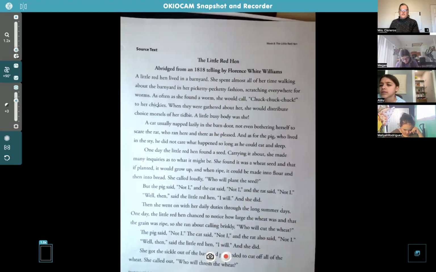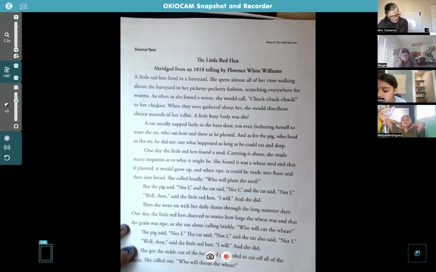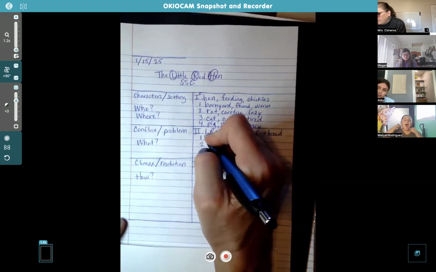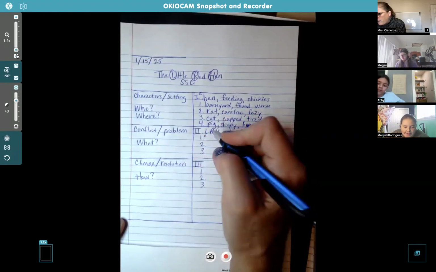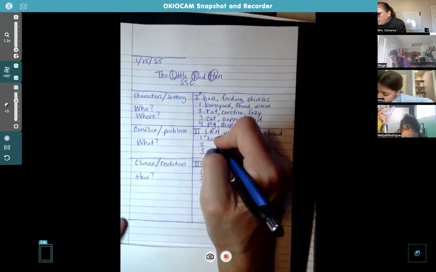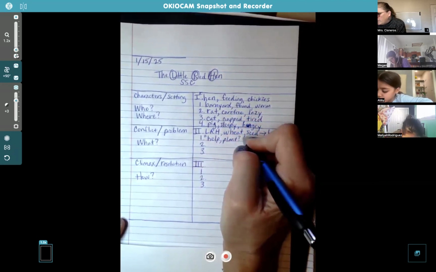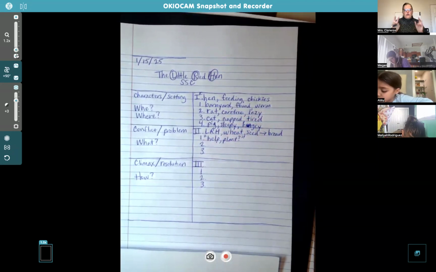What do you have to do with the seed in order to get the wheat? You put it in the ground? You plant it, right? Okay, good. So let's put in quotes here. This is because she's going to say this. We're going to put the keywords help, plant with a question mark. Okay, and I put little quotes around it.